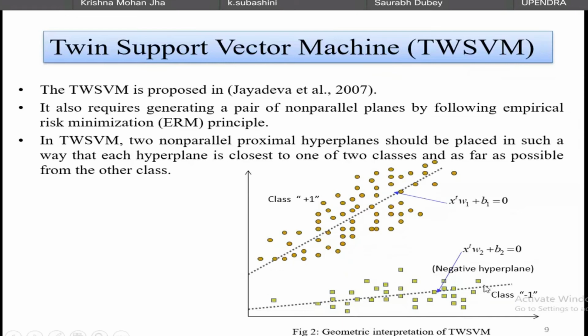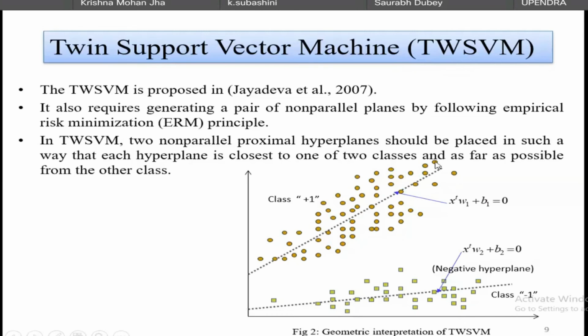So here, whatever the points are, let's say this is class 1 data points, we find the perpendicular distance from this hyperplane. Because we want to put this hyperplane near to all these data points, we are trying to minimize the error.